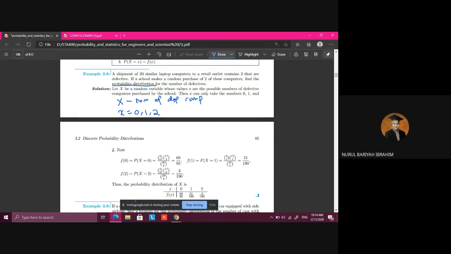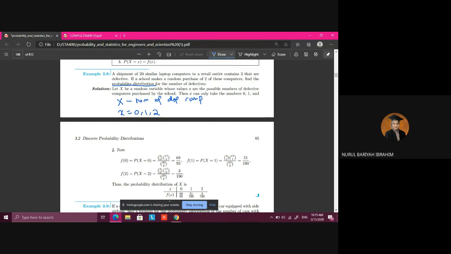Okay, so sekarang kita bolehlah buat table ni sebab dah ada nilai 0, 1, 2 dan so now we need to find the probability of each of this possible outcome. So nak cari F0 means that X equal to 0 means nak cari nilai probability of 0 defective computer selected.